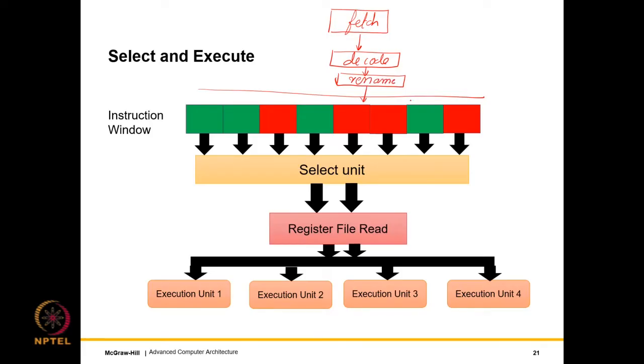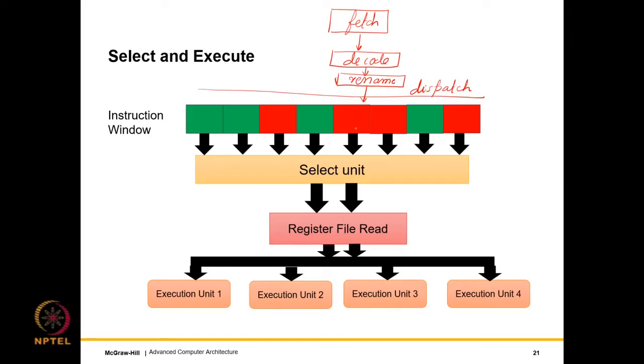And then this process is known as dispatch, where we write it to the instruction window. And at any point of time, we will have a set of green or ready instructions and a set of red instructions that are essentially waiting.